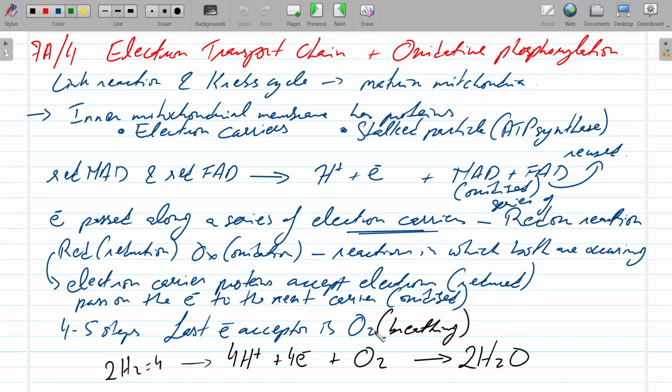And oxygen is what ends up accepting the electrons as well as the protons. So all of this, the journey that started from glycolysis, the hydrogen, broken up as the proton and electron, is combined with oxygen to form water.